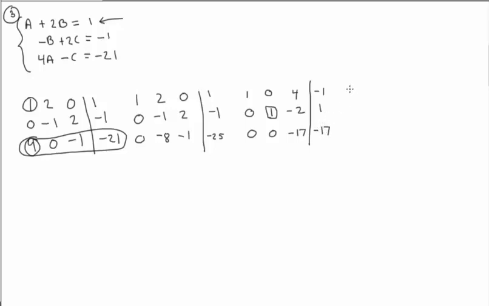So now I want this to be 0, 0, 1. I can get that by dividing by -17. And what can I do? Some manipulation here. So 0, 1. So if I multiply by a -2 and add it.